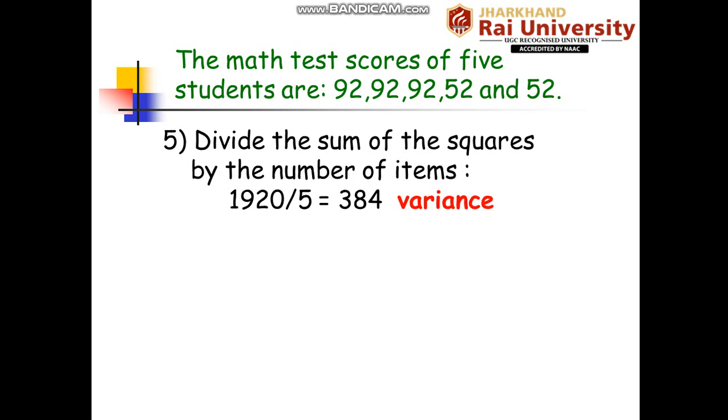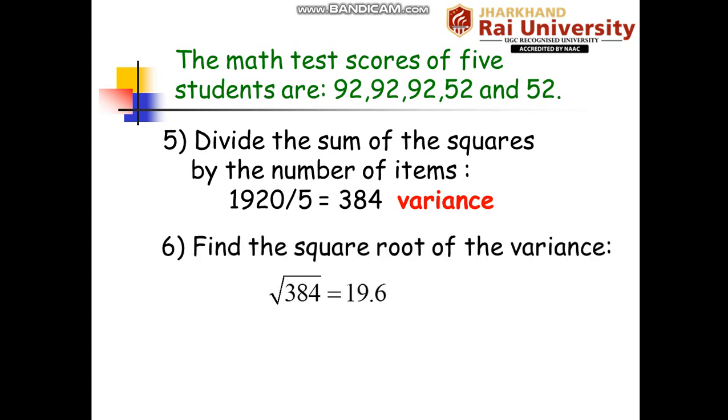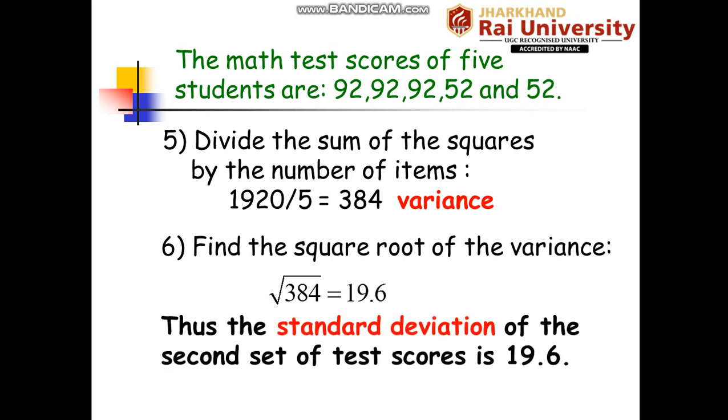So 1920 divided by 5 equals 384, which is the variance. And the square root of 384 will be the standard deviation, that is 19.6. Thus the standard deviation of the second set of test scores is 19.6.